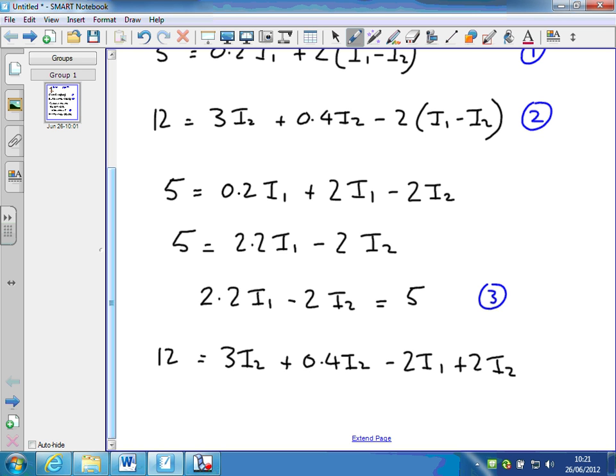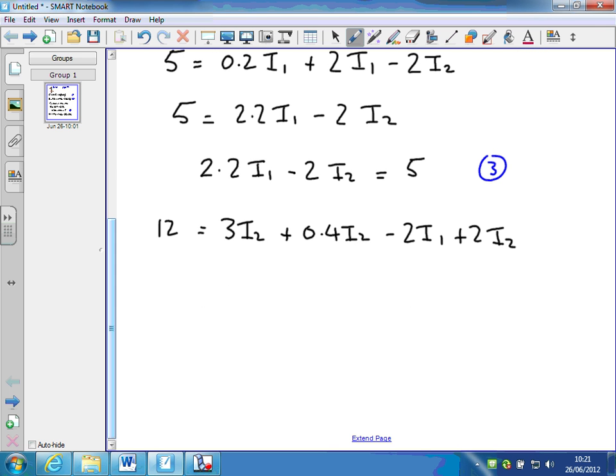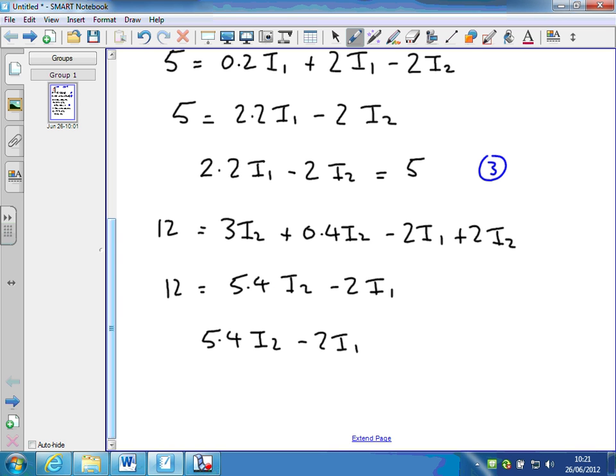You have to be a bit careful about signs there. Collecting together like terms, I've got 3I2 plus 0.4 I2 plus 2 I2, which is 5.4 I2, minus 2 I1. Again, writing those the other way around, we've got 5.4 I2 minus 2 I1 equals 12. Let's call that equation 4.